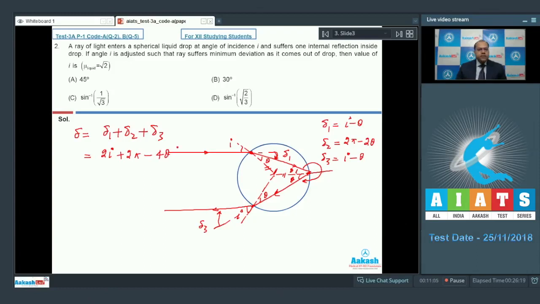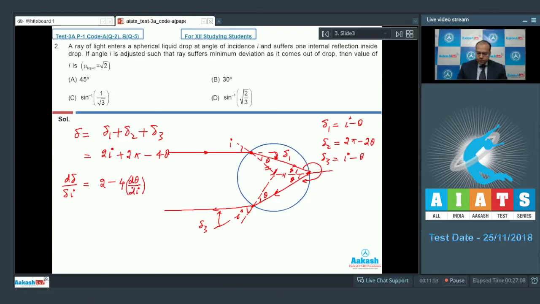Now in the question it is asked, if angle I is adjusted such that the ray suffers minimum deviation. So in order to get the minimum deviation, I am differentiating this equation with I. So d delta by di is equal to 2 minus 4 d theta upon di.